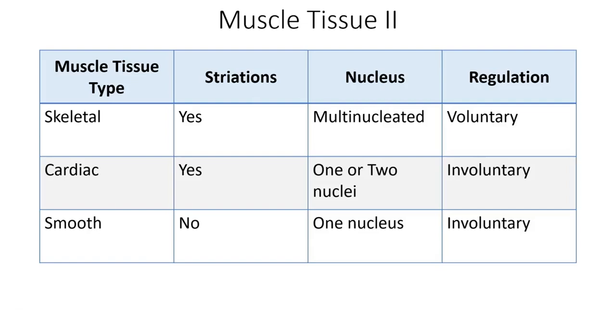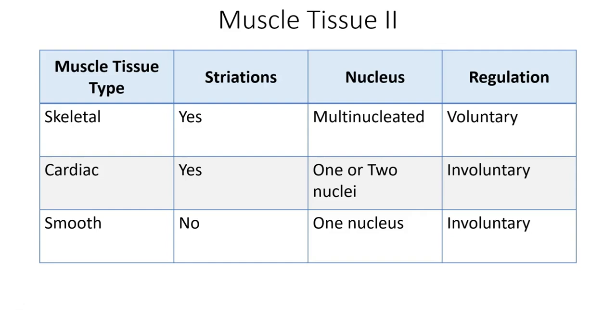So we talked about some of this already, but skeletal muscle has striations. It is going to be multinucleated, so there's going to be multiple nuclei in a single muscle cell, and skeletal muscle is the only type of our three muscle tissues that is voluntary, so it is under conscious control. And then we've got cardiac and smooth muscle tissue.